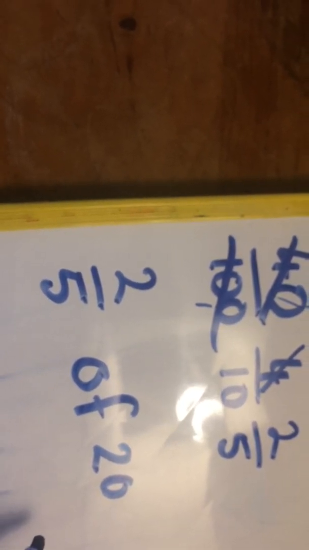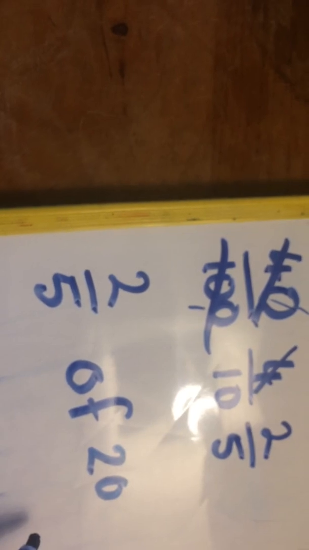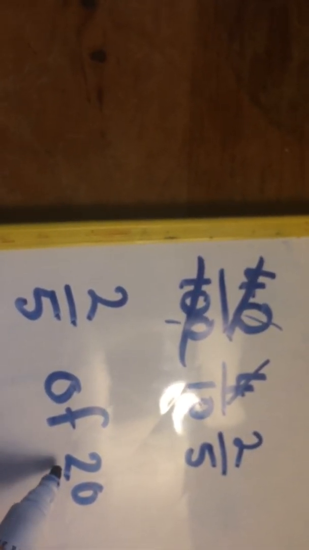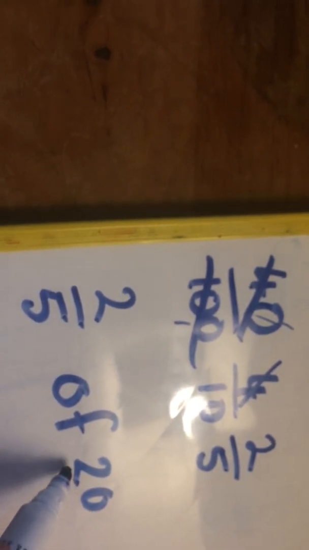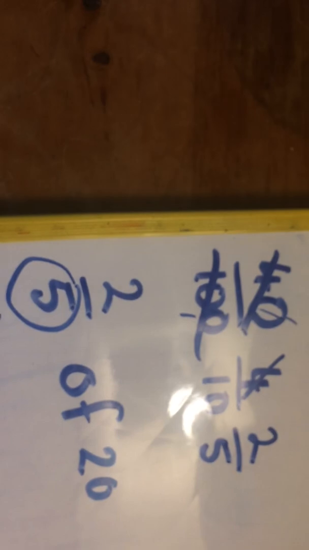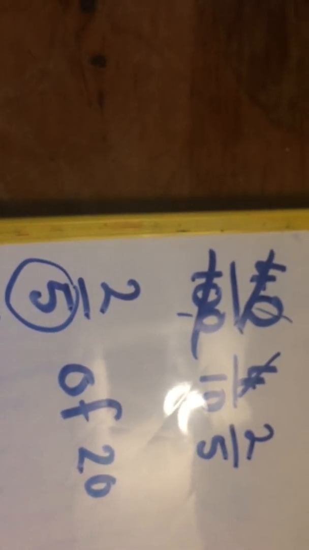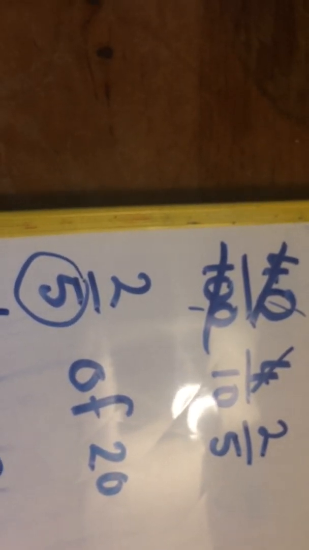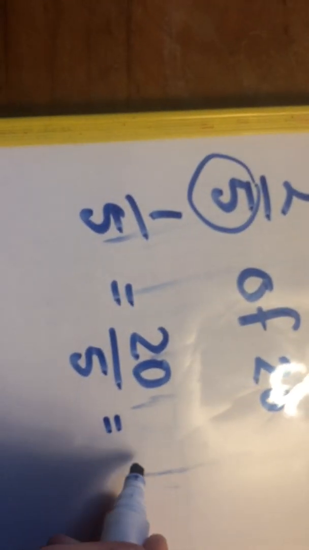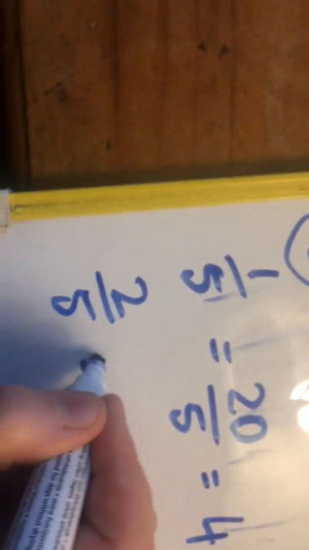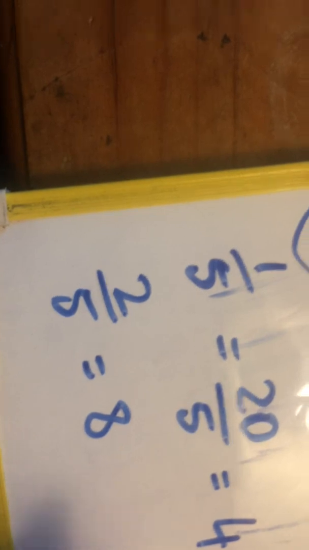Well, first of all, we have to find 1/5 of it, so we divide by 5 first because we know it's in fifths. So 1/5 is equal to 20 divided by 5, and 20 divided by 5 is 4. So 2/5 is equal to 8.